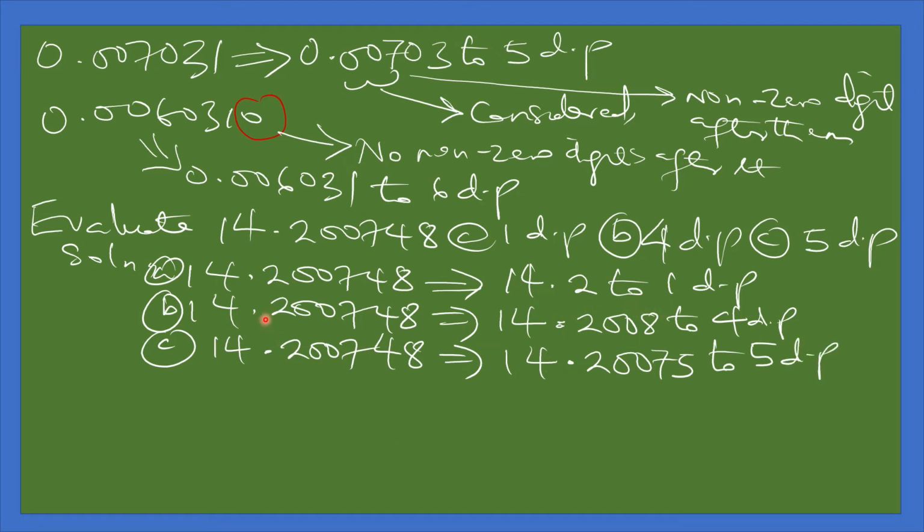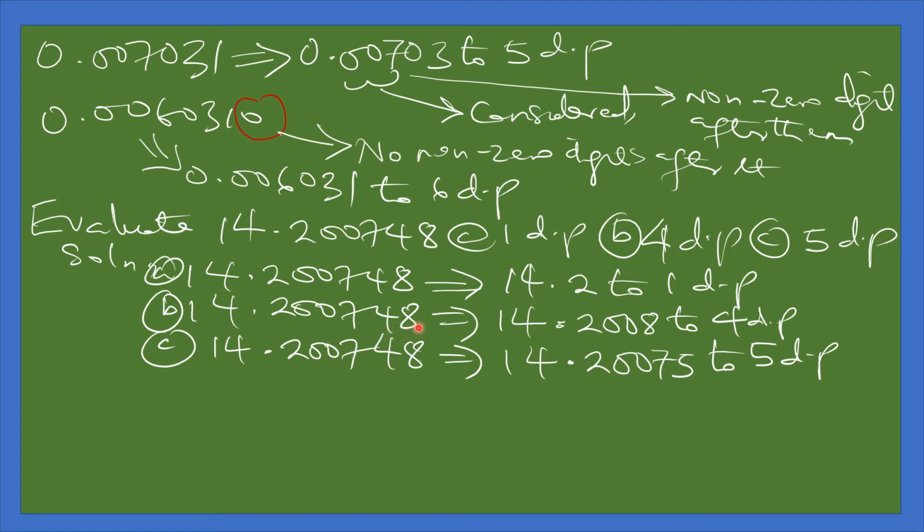Now if you look at this first case, they said 14.2 to 1 decimal place. That is the answer. If you move from the decimal point, you only meet 1 digit there, which is what? 2. So that is correct. For the second one, 14.200748, they said to 4 decimal places. Like I said, whenever the number is equal to or greater than 5, what do we do? We increase the previous number by 1.